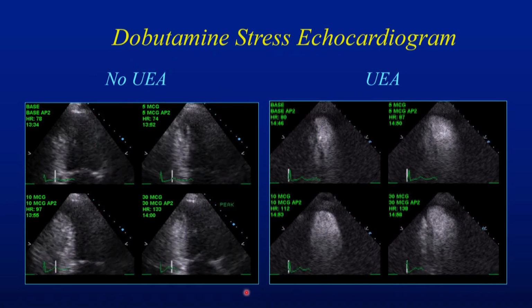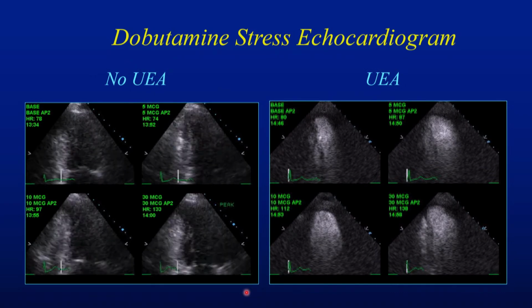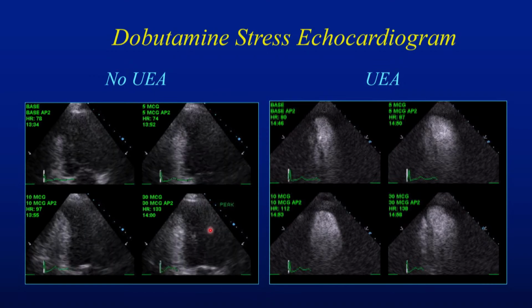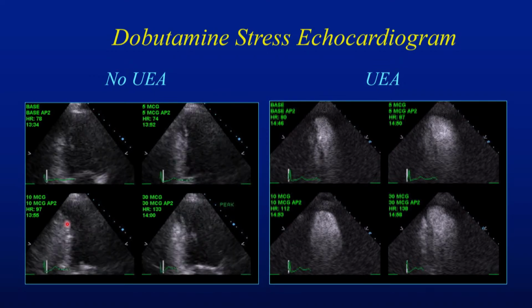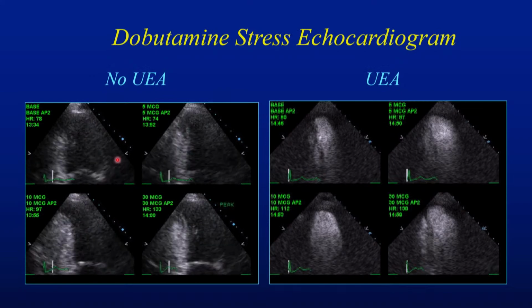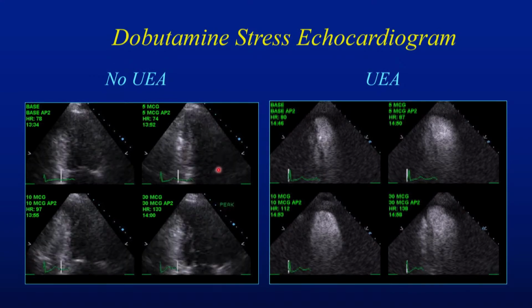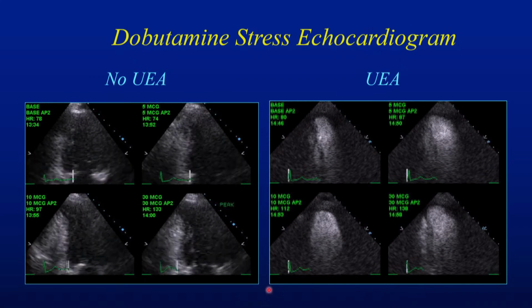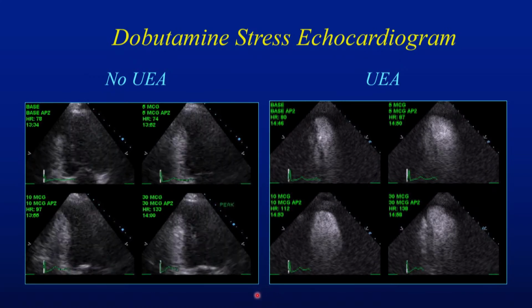Even to Dr. Safi, a difficult one. Now, in truth, what I can say is I'm wondering about a wall motion abnormality here and here. Here it's not impressive. Here I can't see anything really of the anterior wall. So I can find my way in between.